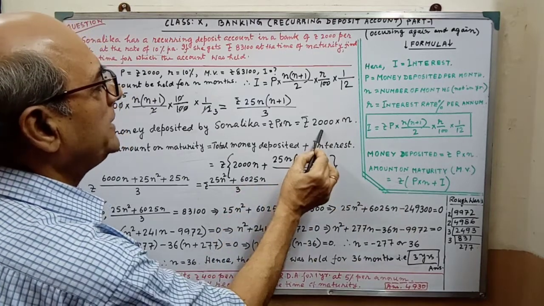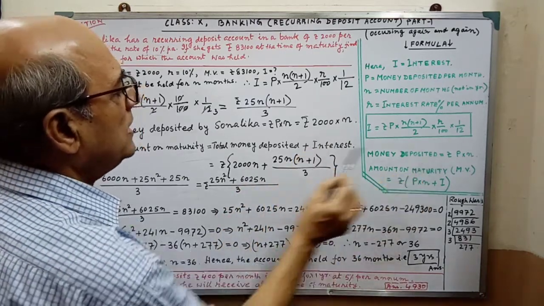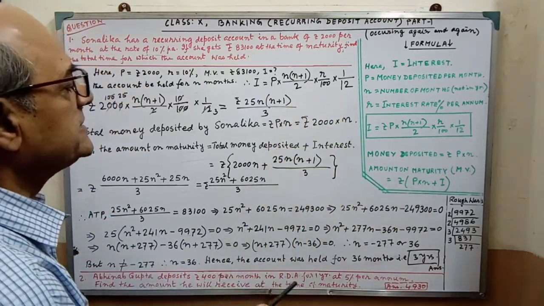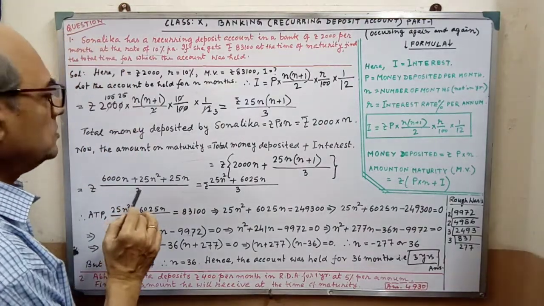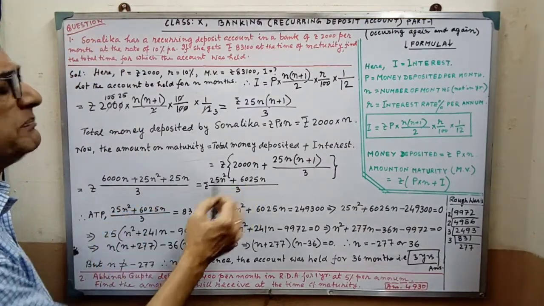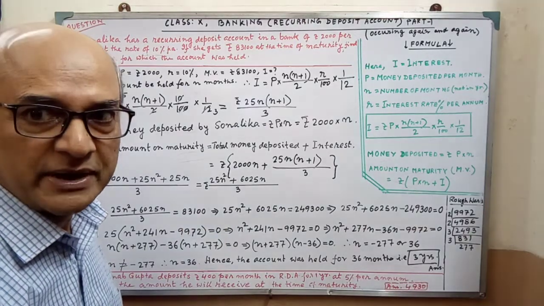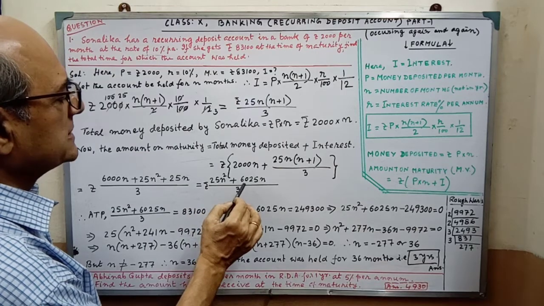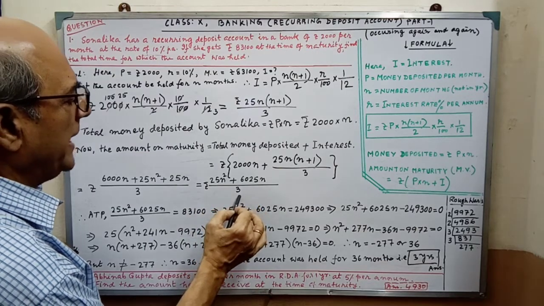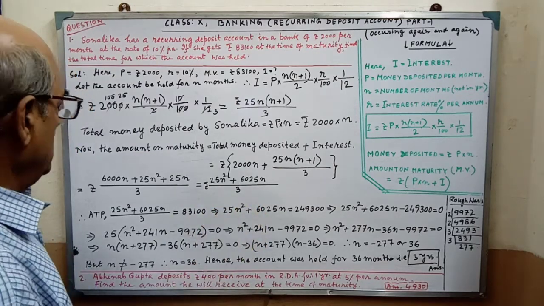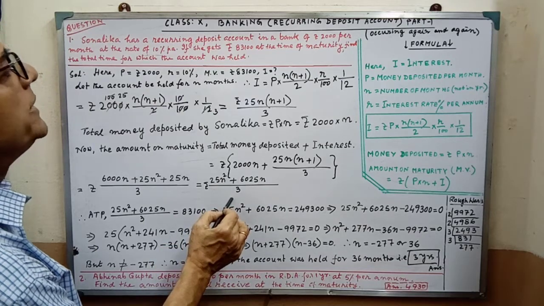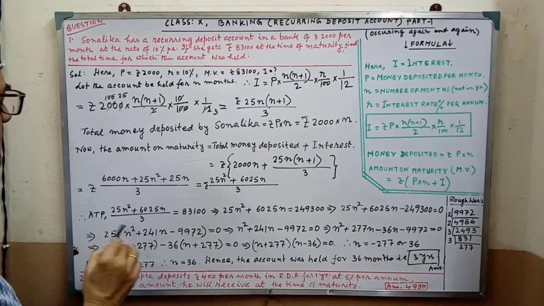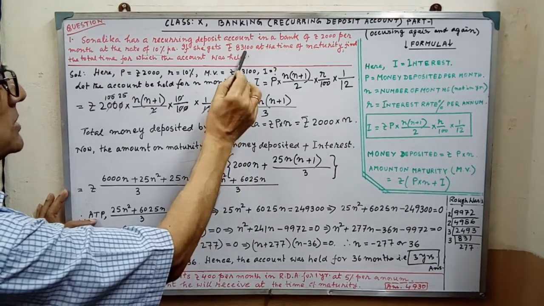This is total money by applying this formula, and this is interest for applying this formula. That is clear. Now, by very simple simplification, we are getting 25n square plus 6025n by 3. This is the amount. And this amount is given in the question. So, according to problem, we may write this equal to this.